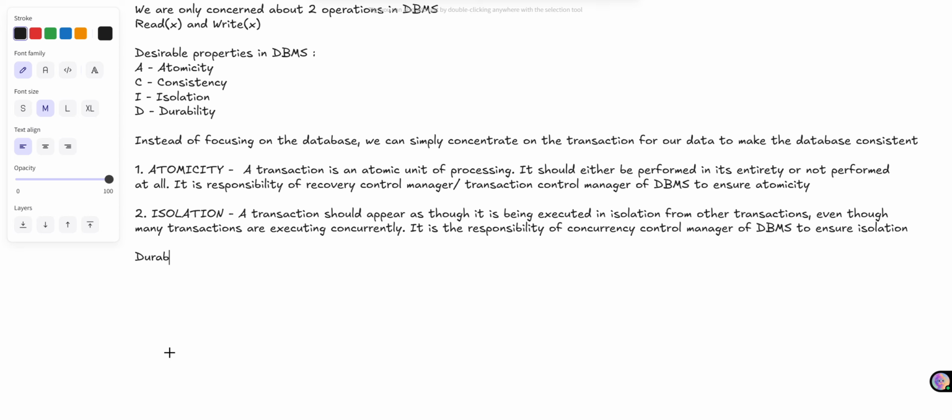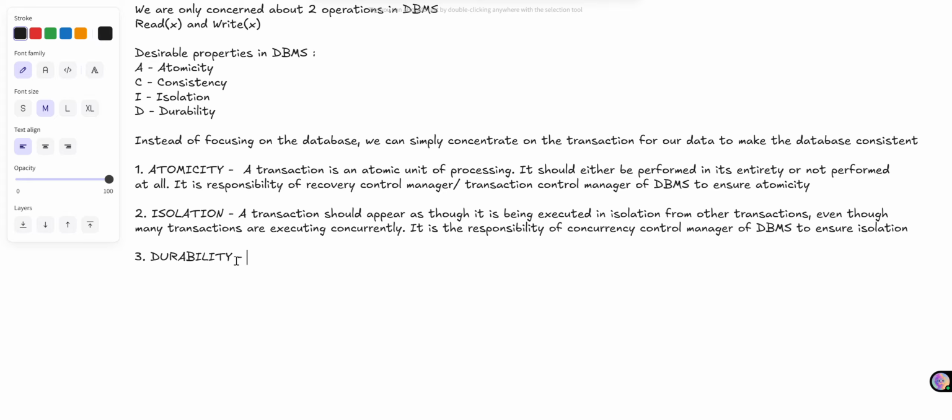Now, what is durability? It is the fourth property. In general, durability means a long-lasting thing.